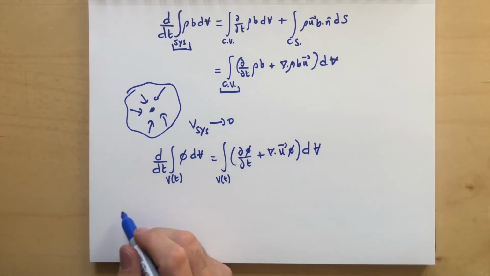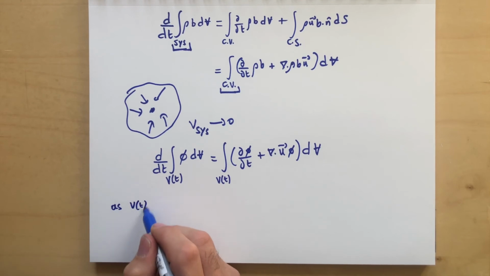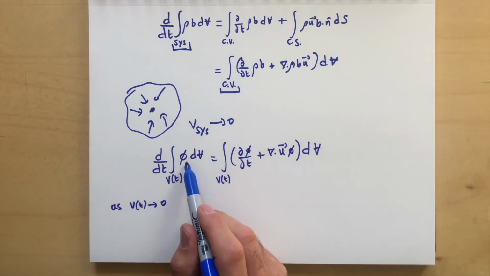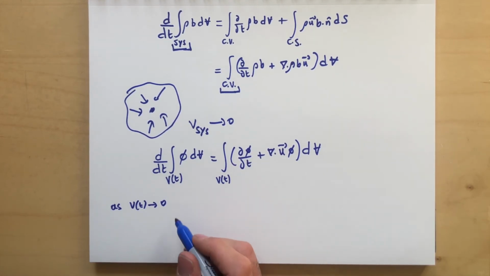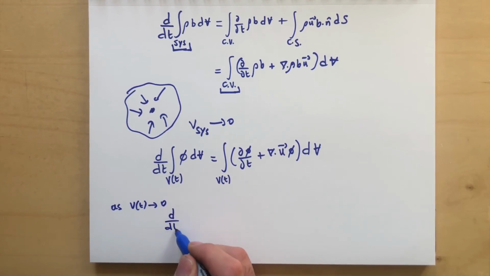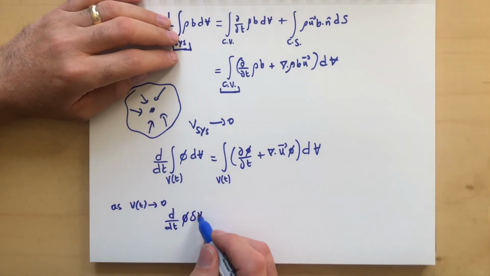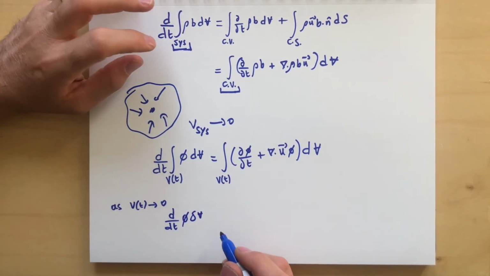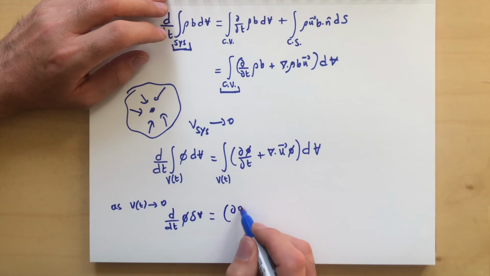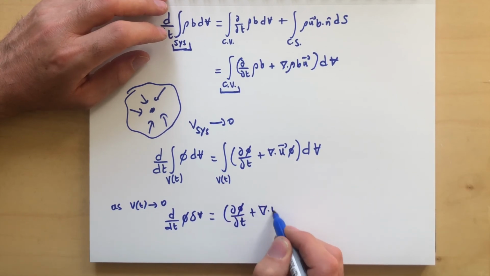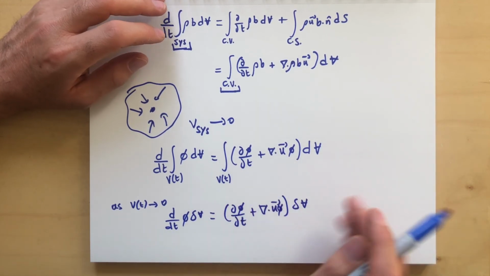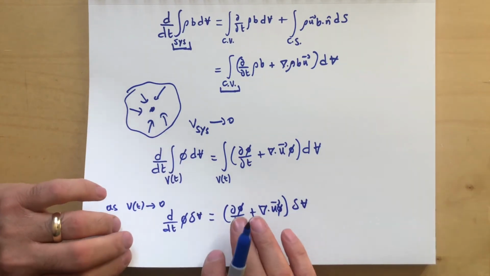In the limit as V(t) approaches 0, a very small limit, then we can say that the property phi is constant across that small volume. So then we could say that d by dt of phi dv is d by dt of phi delta v, a very small volume that we will take all the way to 0, equal to the same thing, d phi by dt plus div u phi times delta v, because this entire quantity is constant across the small volume.